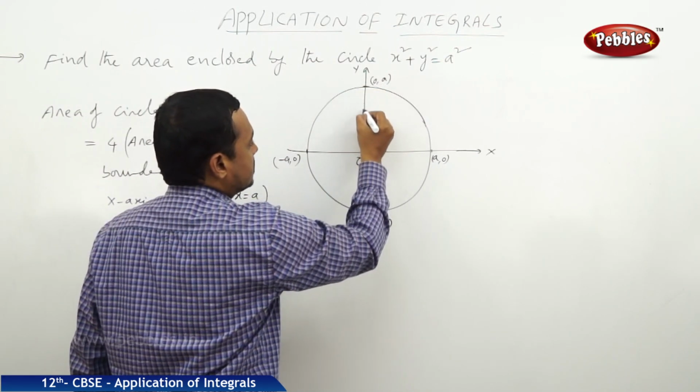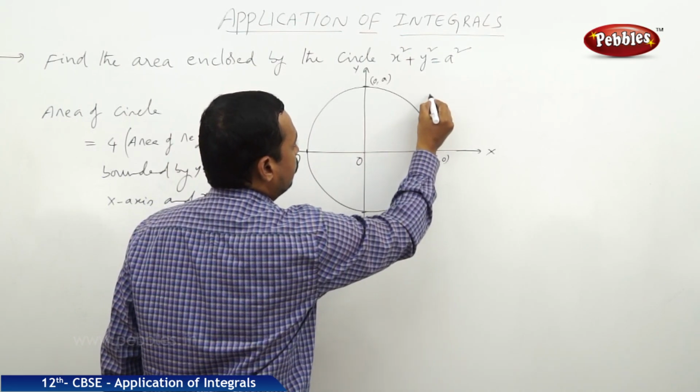You see, it is x equals 0 and x equals a.